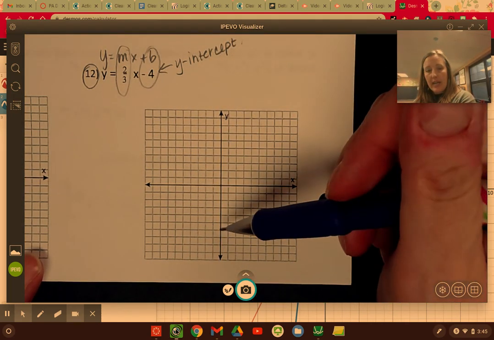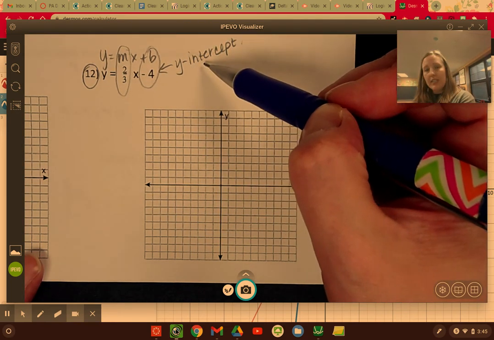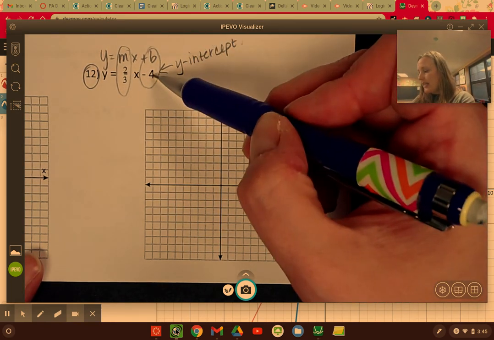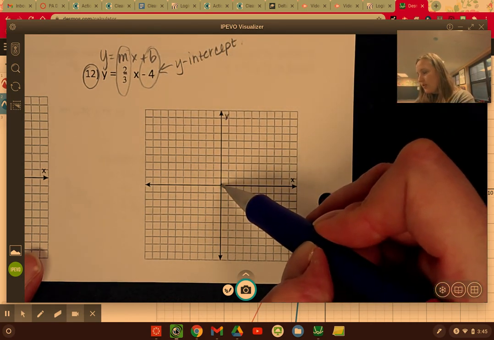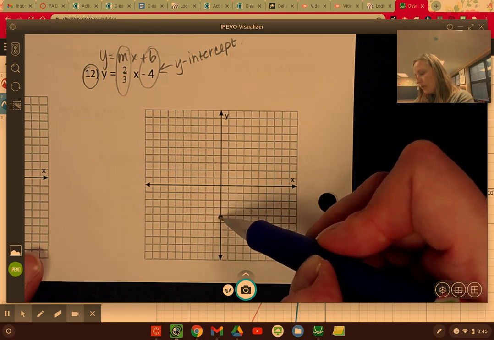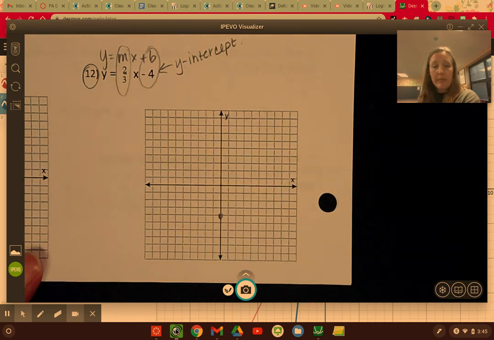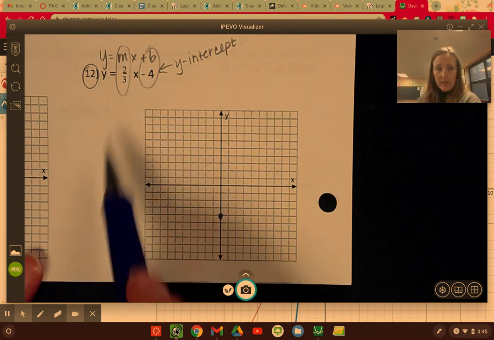And remember, the y-axis is the one that goes up and down. So it intercepts the y-axis at negative 4. So I'm at the origin, which is 0, 0. Negatives go down. 1, 2, 3, 4. I'm going to put a point there. That's my y-intercept from the equation of this line.